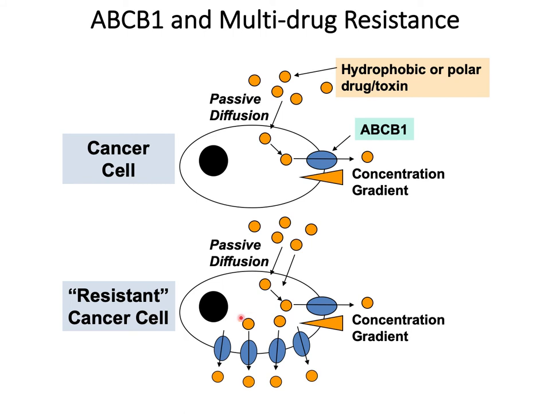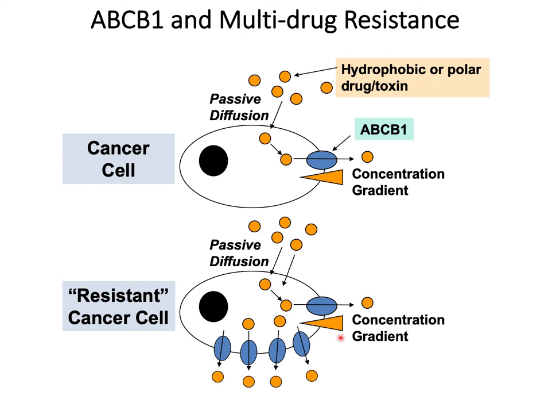So you will notice that I put resistance in quotation marks. It is not that the cells are so much resistant, but the cells have such efficient pumping capabilities, because they have so many of these pumps in the plasma membrane, that when a chemotherapeutic toxic molecule enters, it is rapidly pumped out. So for all intents and purposes, it is resistant, but not really.